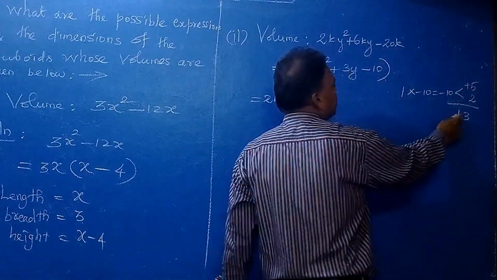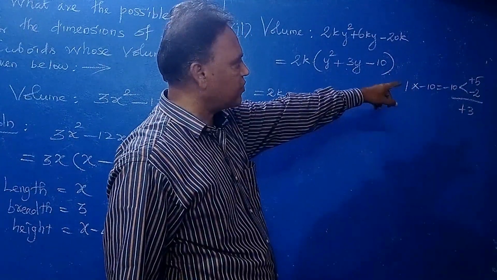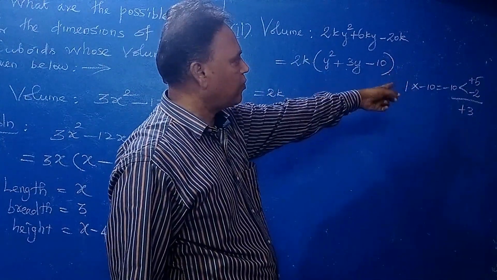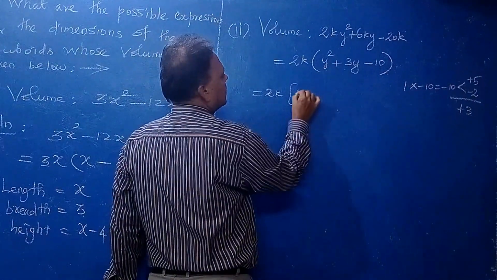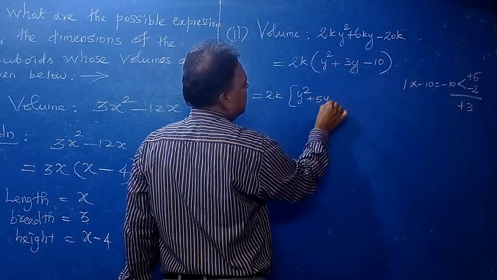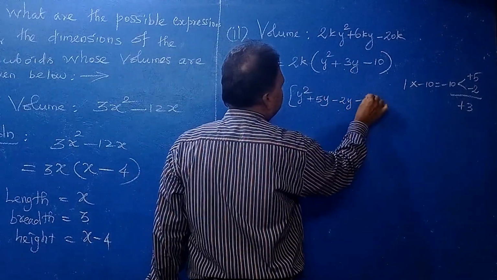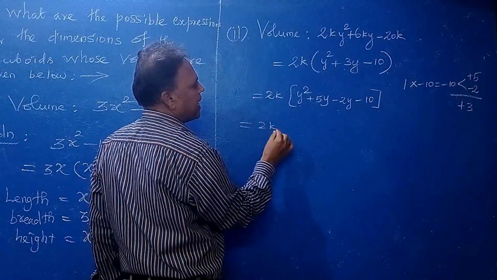Here plus is there, so bigger number plus, smaller number minus. So both ways it will be satisfied. Add, plus 3 is coming; multiply, minus 10 is getting. So plus 3y can be written as plus 5y minus 2y minus 10. 2k you keep as it is.